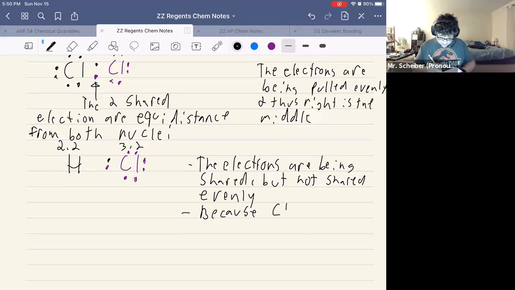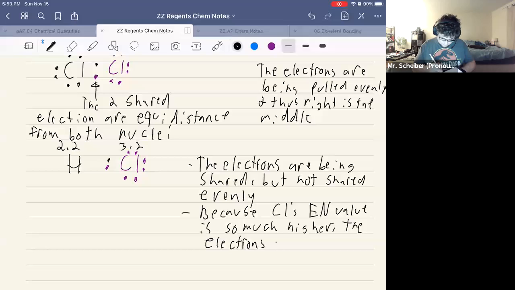Because Cl's electronegativity value is so much higher, the electrons are going to exist closer to Cl than H.